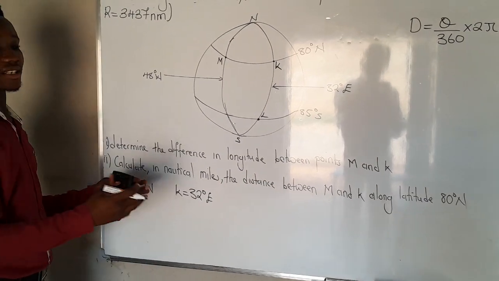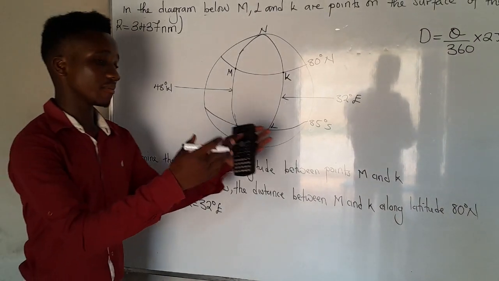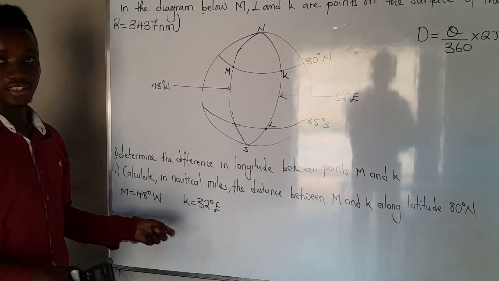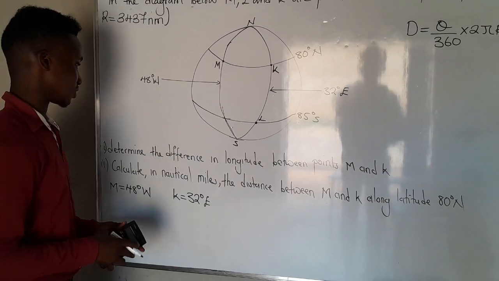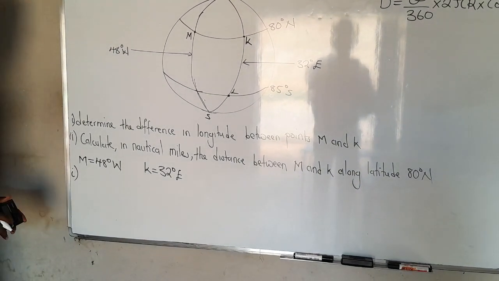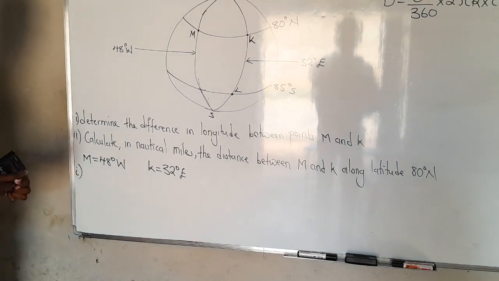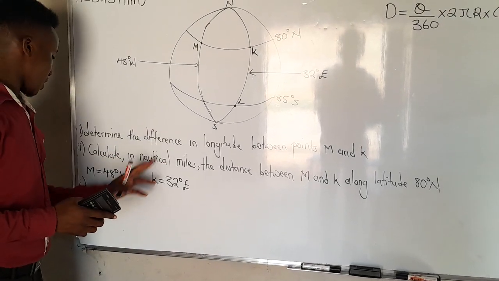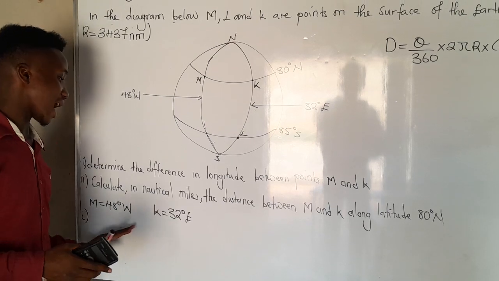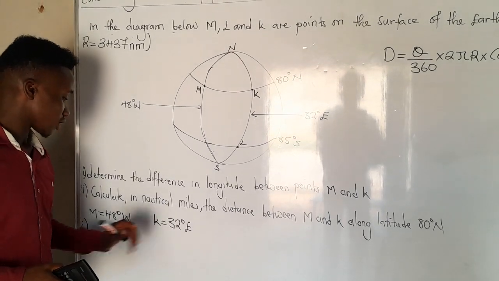Now, how do we find the difference in longitude between points M and K? We've just stated which longitudes the two are lying on, but we haven't determined the difference in longitude. So how do we find it? You just have to check: if M is on the west and K is on the east, you add the two longitudes.